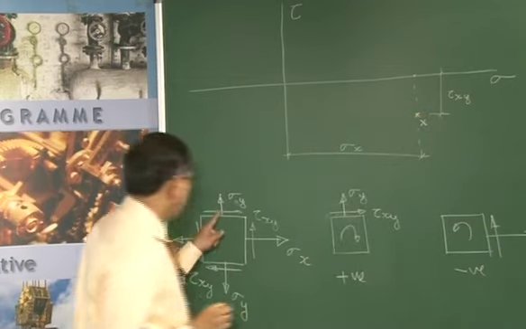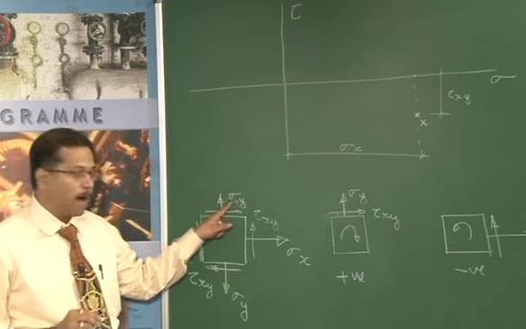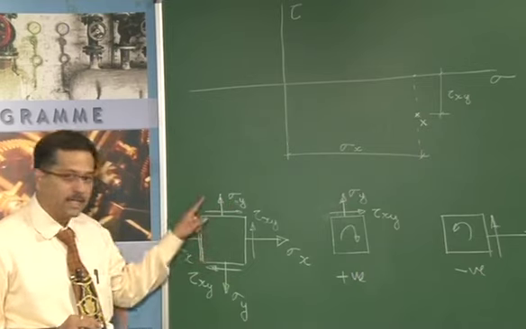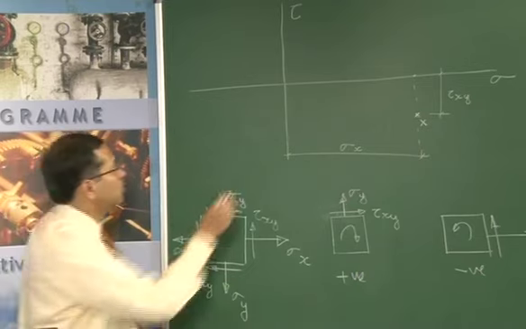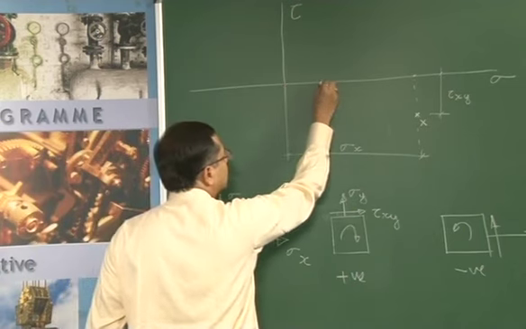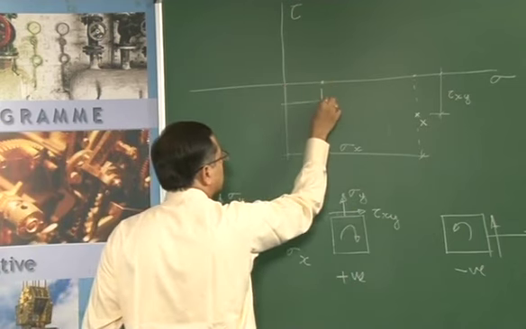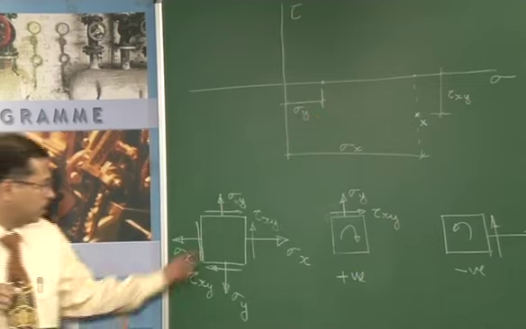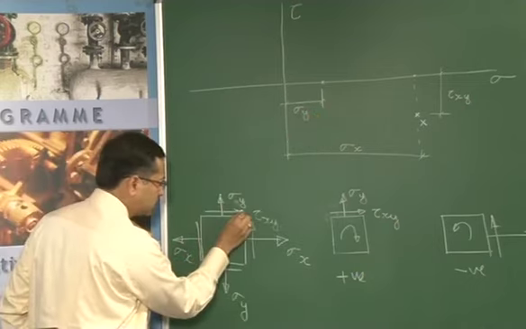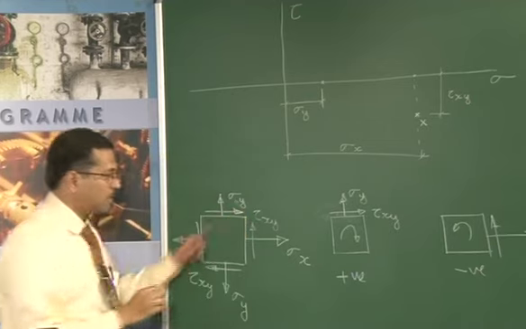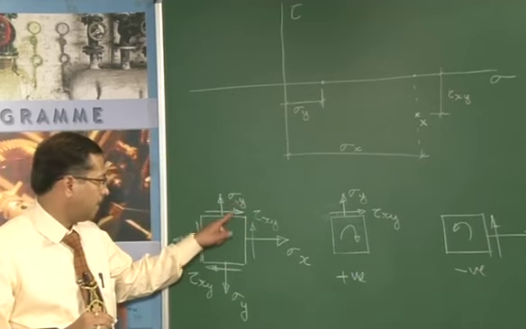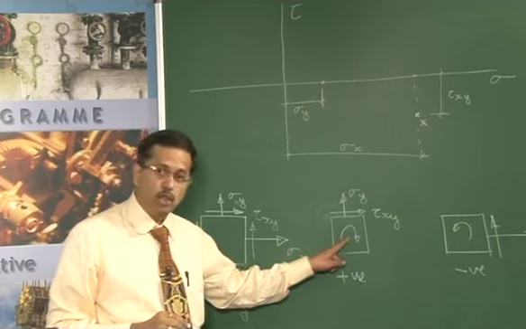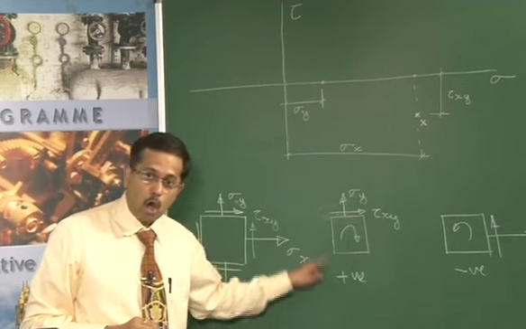Similarly, we take this face, sigma y is tensile, so it is positive. So we will plot on the x axis this, which corresponds to sigma y. Now, if I look at the shearing stress acting on this plane where sigma y is also acting, this would make the body rotate in the clockwise direction.